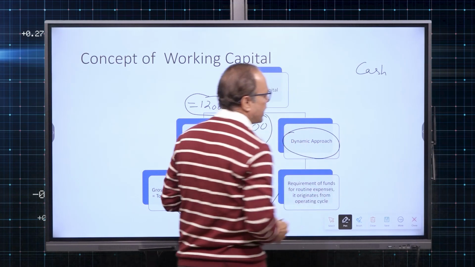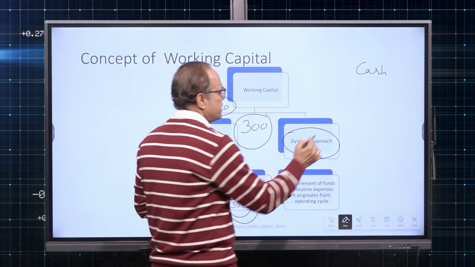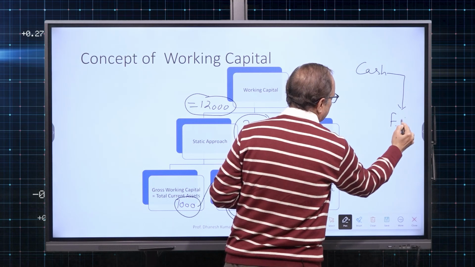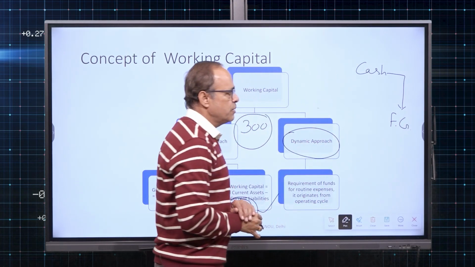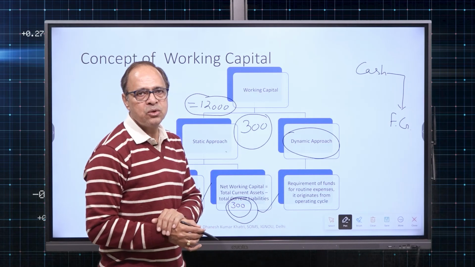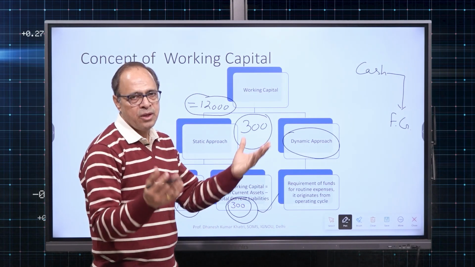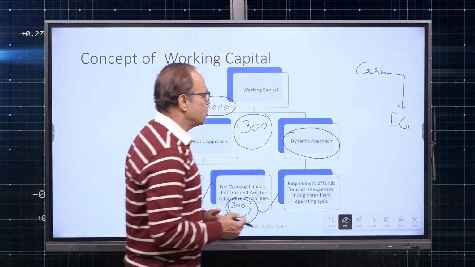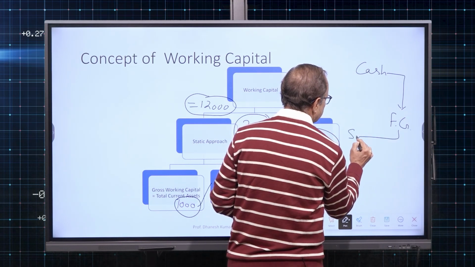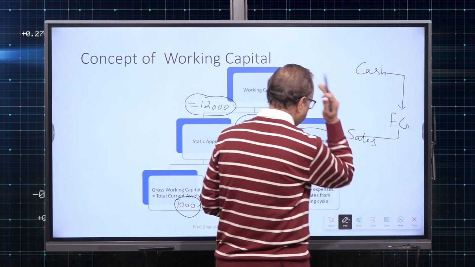We start with the cash. With this cash, goods are purchased. So, we will have inventory of finished goods, because this company is simply buying ready made goods and selling them. Like there are many big business houses also doing that. Then these goods are sold out. So, sales takes place.